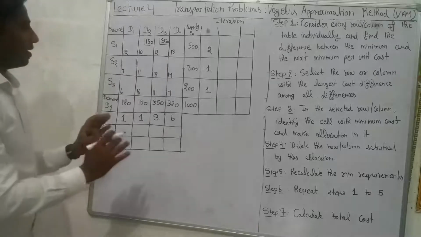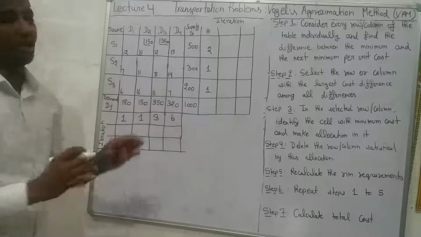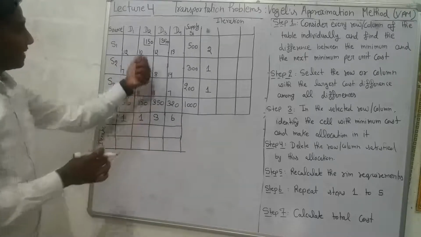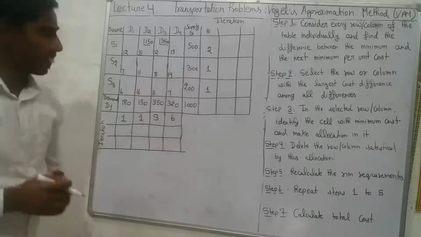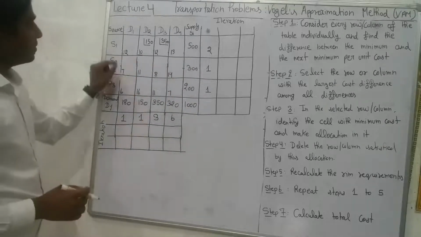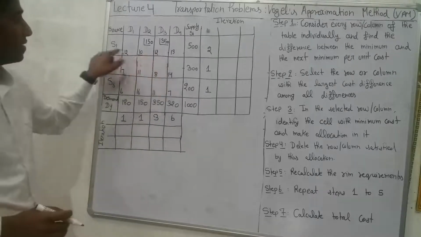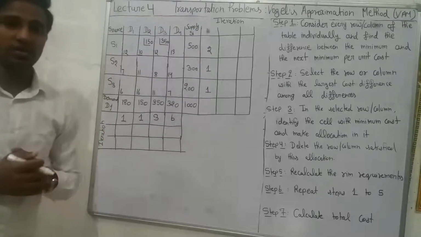Now look at the extra cost the company is paying, because they cannot select the best option because of the mismatch between demand and supply requirements. So they have adopted the second option, this route, supplying from source 1 to destination 3.